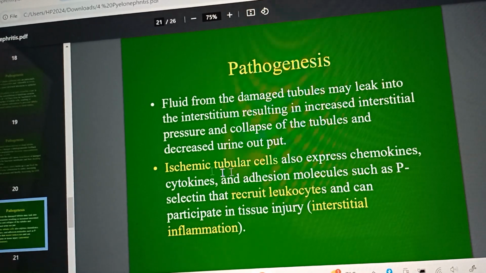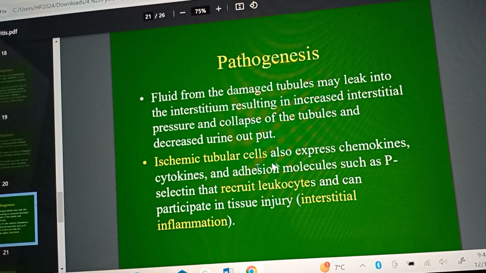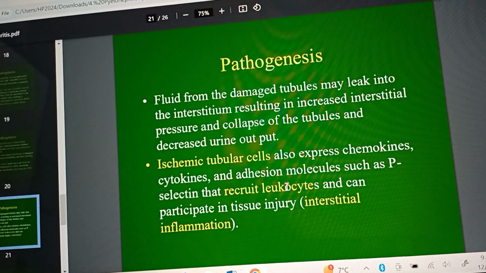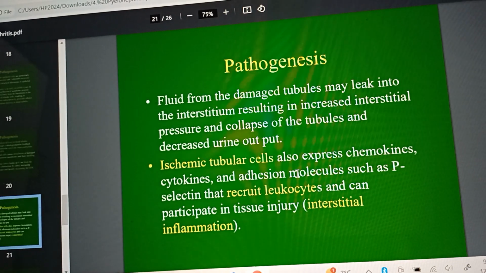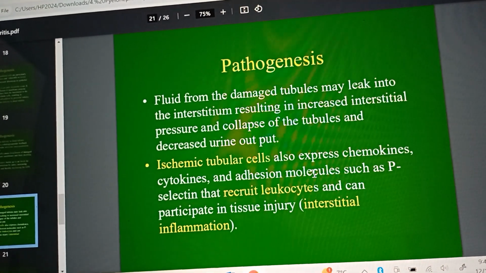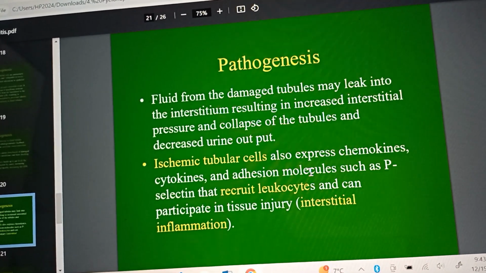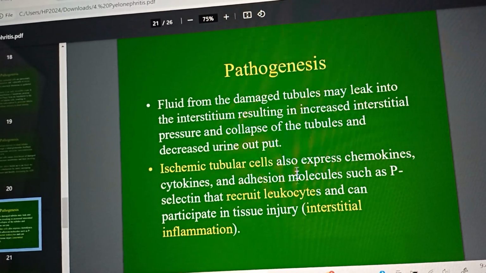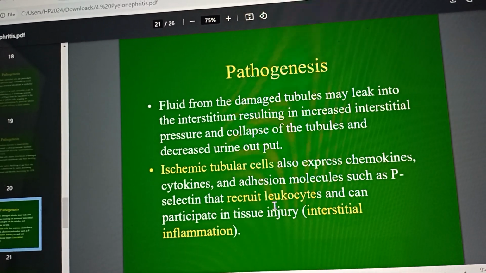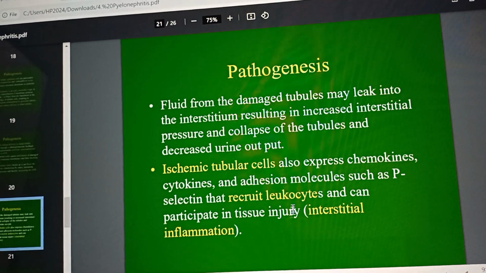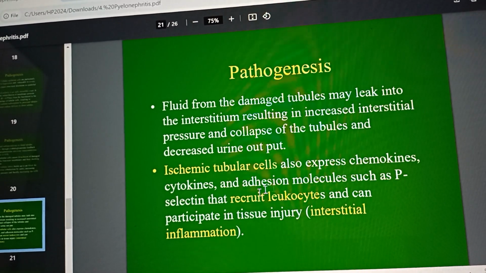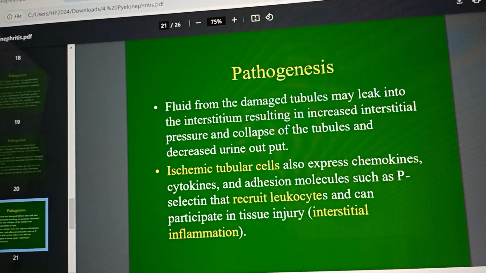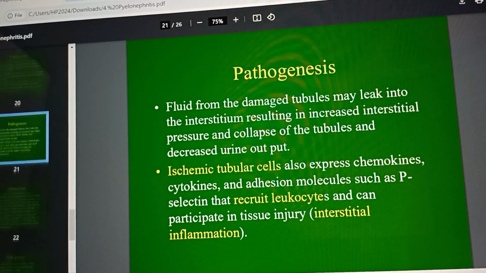And these ischemic tubular cells will also express cytokines and adhesion molecules. We learned this in the inflammation lectures in second year. Whenever more cytokines and adhesion molecules are secreted, more leukocytes will come and participate in the interstitial inflammation, right?